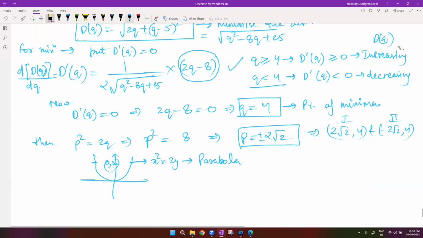So I can define this as x squared equals 2y, a symmetric parabola. We have two nearest points, and also the location of 0,5 matters. Let's say if the point from which we were calculating the distance was here, then we will only get one point maybe.